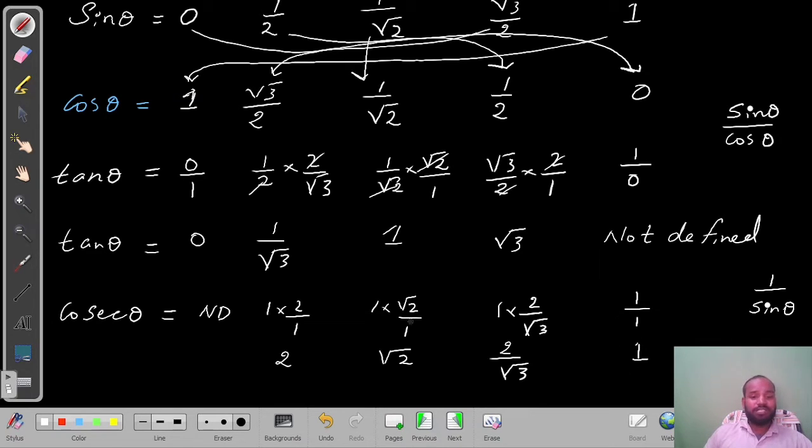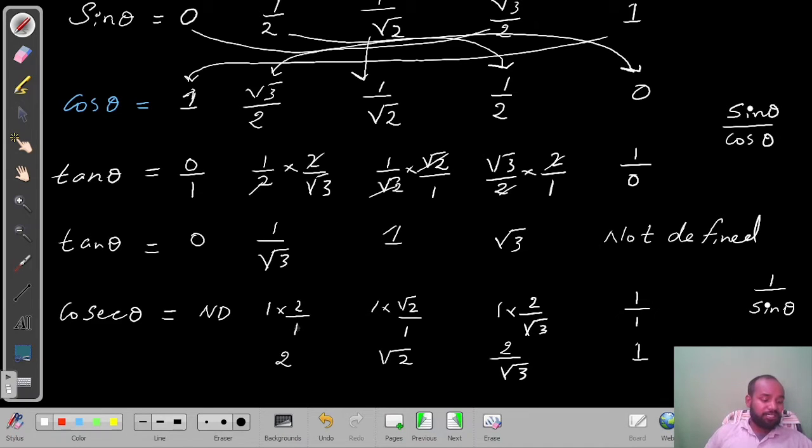Check your textbook to see whether the values are correct or not. Yes or no? This is very simple. We derive one sine value, and then using the formulas we find the other remaining ratios. You can check in the textbook also. Here I am checking the values. Cosec 0 degrees is not defined.